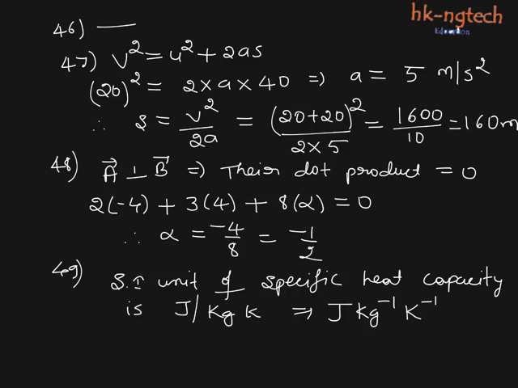The retardation, I mean the negative of the acceleration, is what we need here. So we have v square is equal to u square plus 2as, final velocity obviously 0, so 20 square is equal to 2 into a into 40. So here we are getting a is equal to 5 meter per second square. If I use the same formula again, that is s is equal to v square divided by 2a. Here v is doubled, it means 2 into 20, that is 1600 divided by 2 into 5.